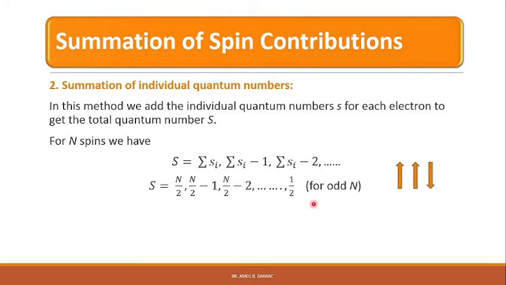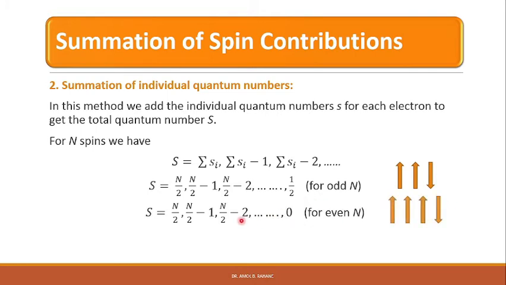In that case we get the last value as half, and if we get S is equal to n by 2 minus 1, n by 2 minus 2, the last value is 0 for even n, right? So if we have even spins, that means an even number of contributing electrons, we get S as integral values, and if we have an odd number of contributing electrons, we get half integral values, right?